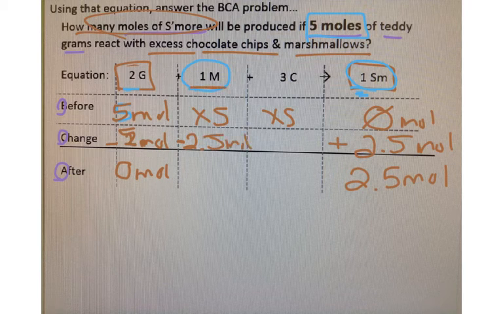Why? Because it's a 1-to-1 ratio. So if I gain 2.5, I would lose 2.5. So excess minus 2.5 means I don't know how much I've got, but I know I've got extra, so I'm going to write excess.